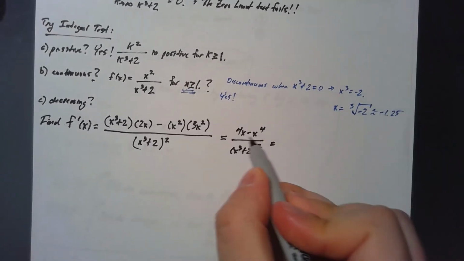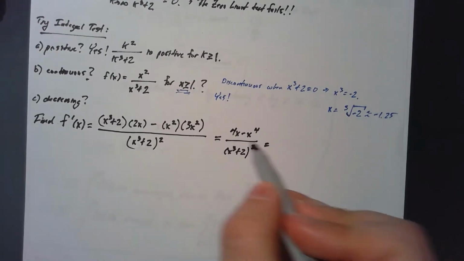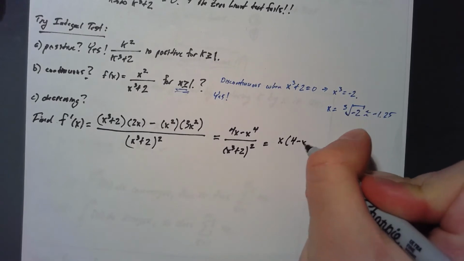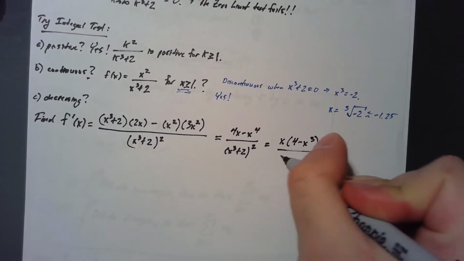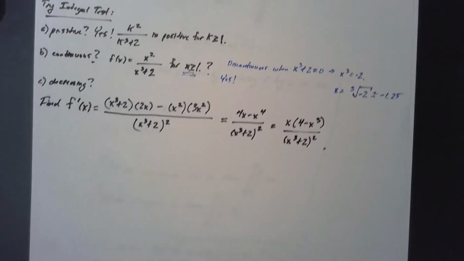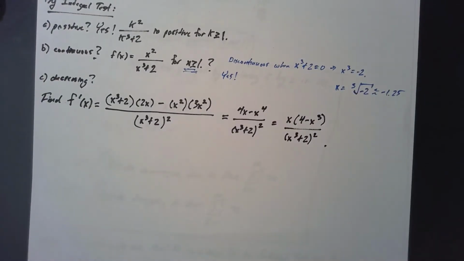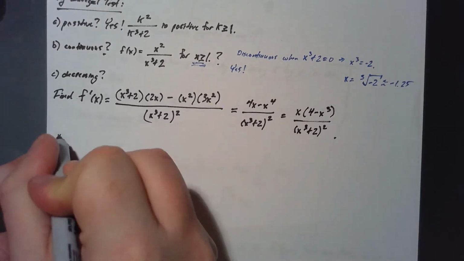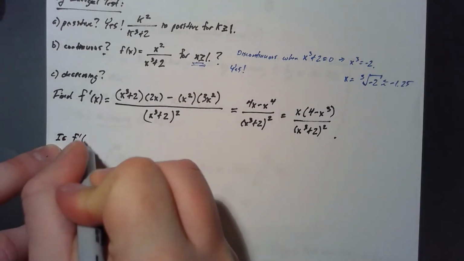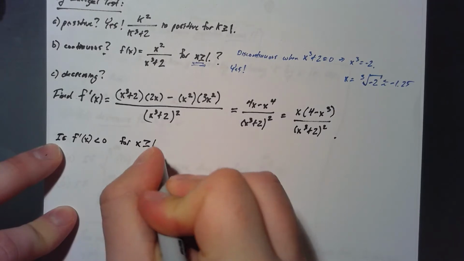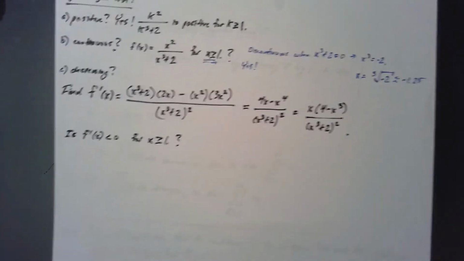If I do a little bit more reducing, just factor out the x, I'm going to get x times 4 minus x cubed all over the denominator. So that's what my derivative looks like. Now, is this less than 0 for x greater than or equal to 1?